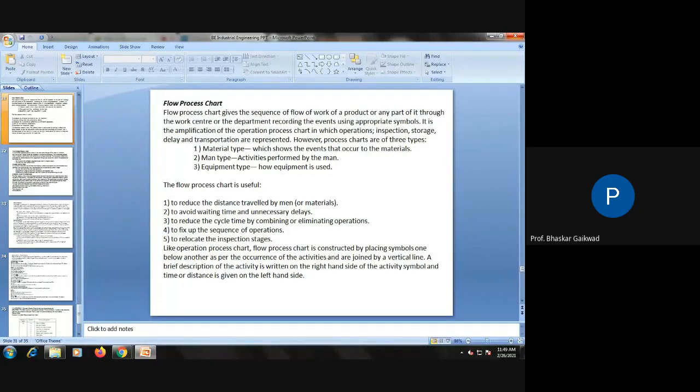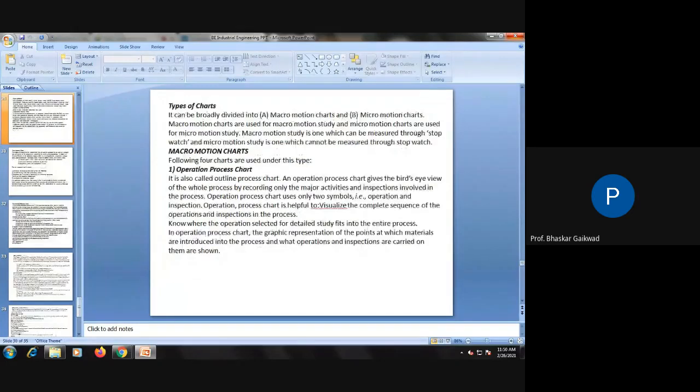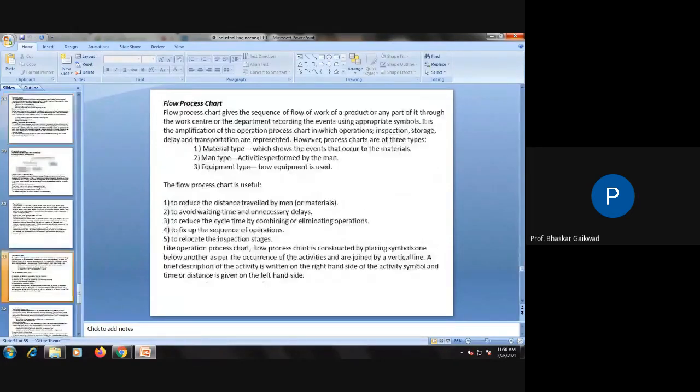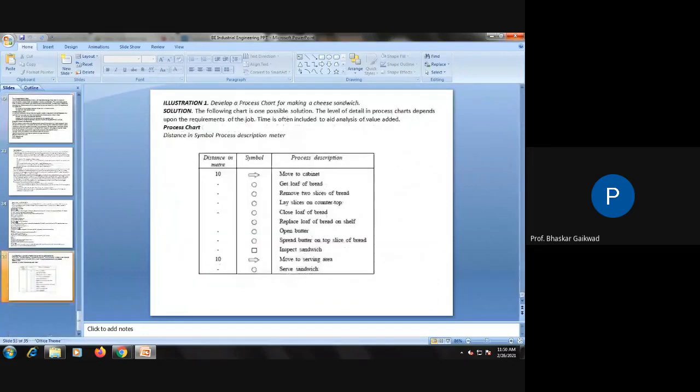Okay. Now, after this, the flow process chart is constructed by placing symbols one below the other as per the occurrence of the activity, just like our operation process chart. We have seen the process chart. Similar way, we can use the flow process chart.